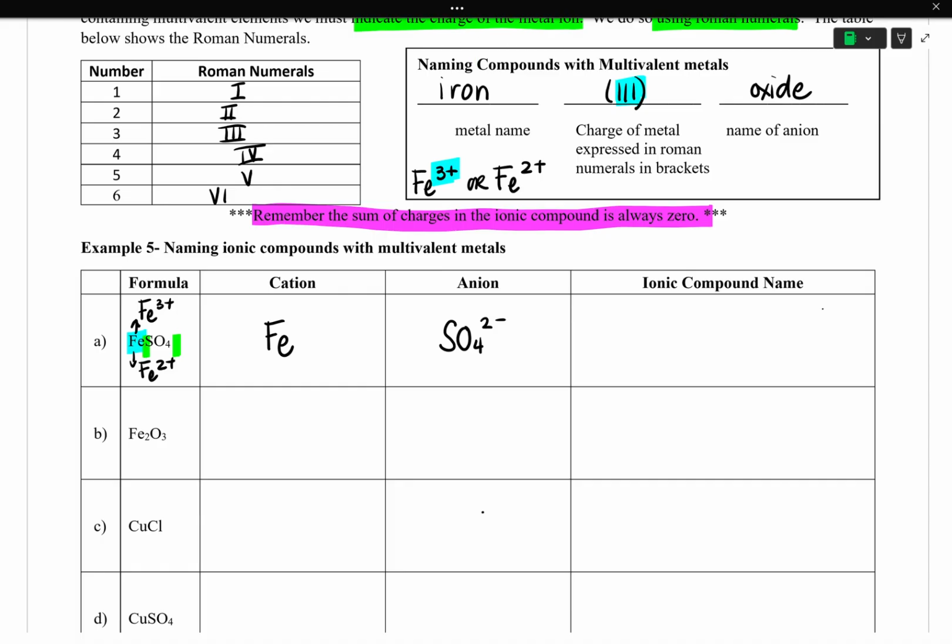There's no number written beside the iron. So because there's only 1 sulfate, this is going to be 2 negative on this side. If I want to add up my positive and negative charges to get to 0, that means this would have to be 2 plus, and that would be iron 2 plus. So now I write iron 2, SO4 is sulfate.